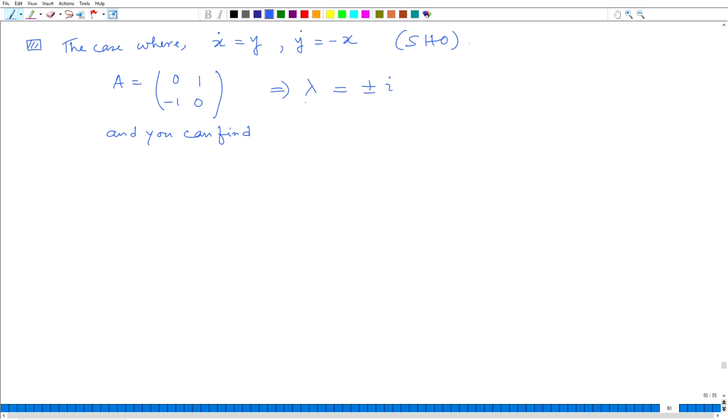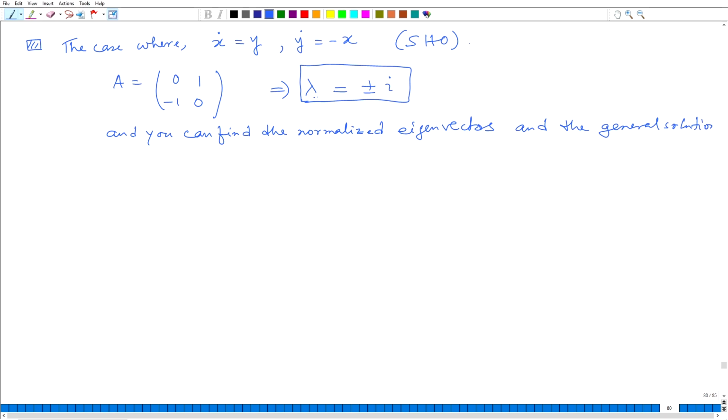So, this is the case of distinct eigenvalues. So, you can find the normalized eigenvectors and the general solution. In the general solution you will always find a trigonometric sine or cosine type of function. Okay.